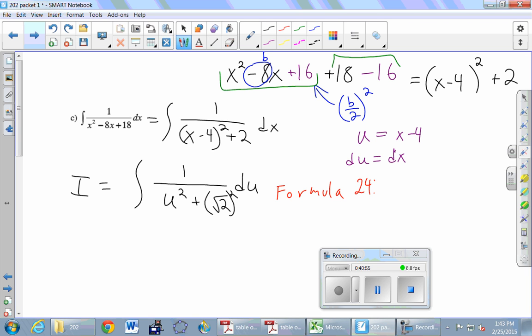So 24 becomes 1 over square root of 2 arctan u over root 2 plus the c, and then change that u.